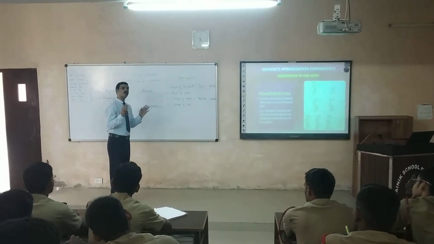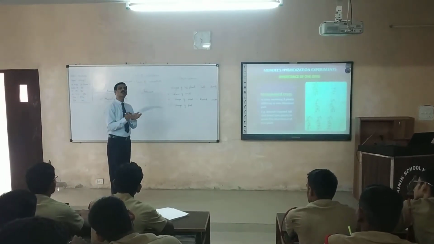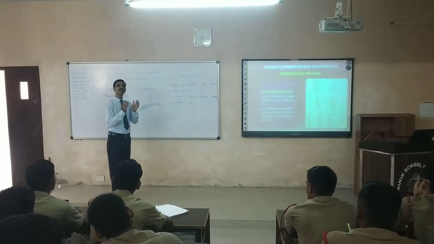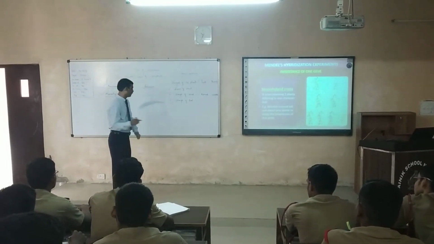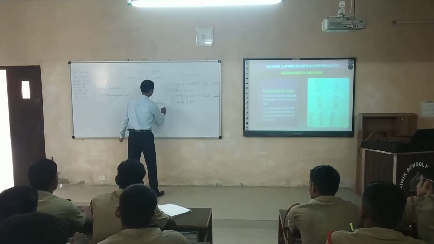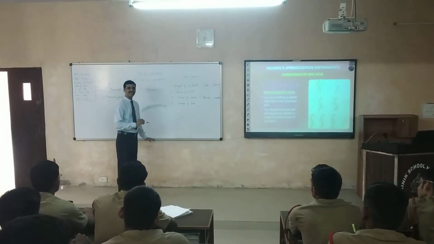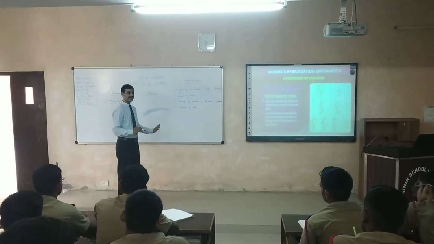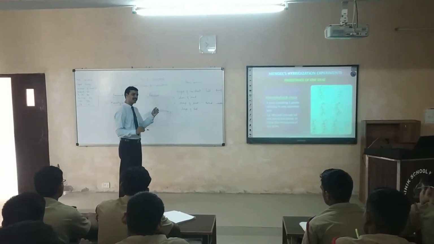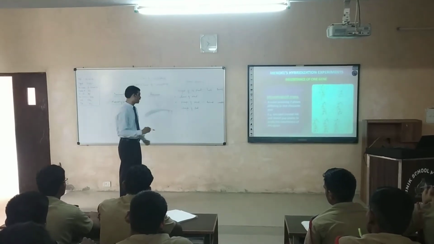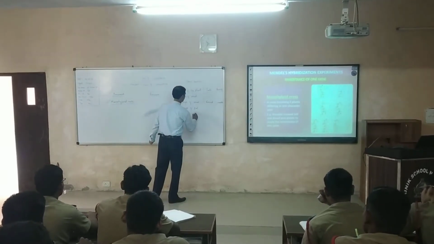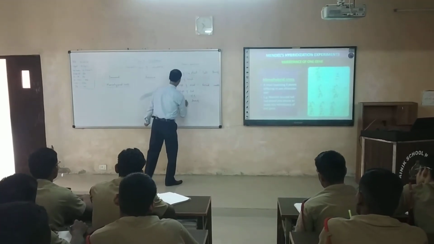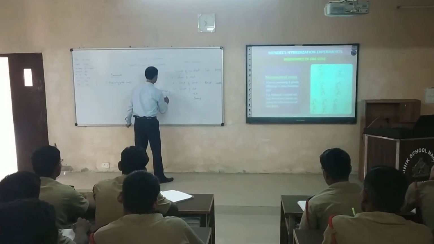So, for denomination, he started giving those dominant and recessive characters capital and small alphabets, like T for tall. Capital T denotes the dominant character tall, and small t denotes dwarf.